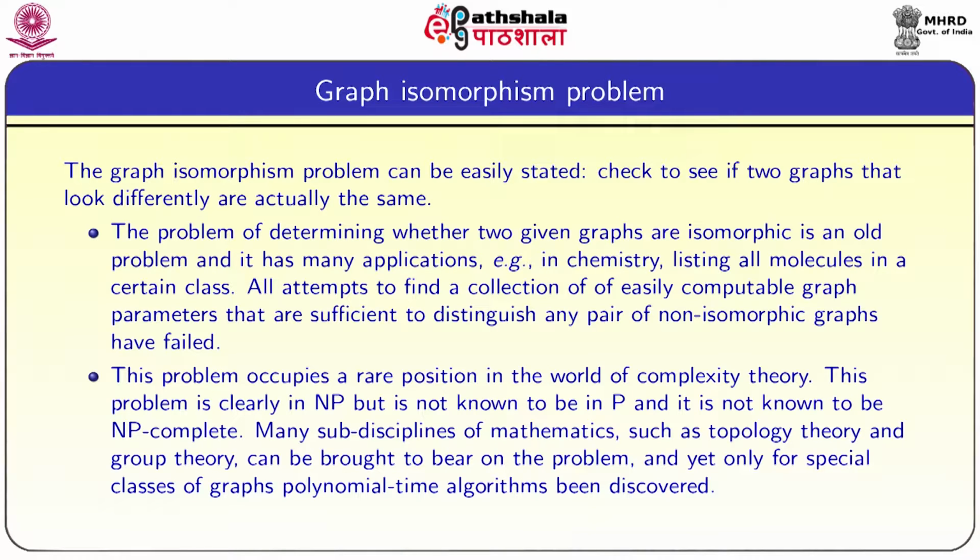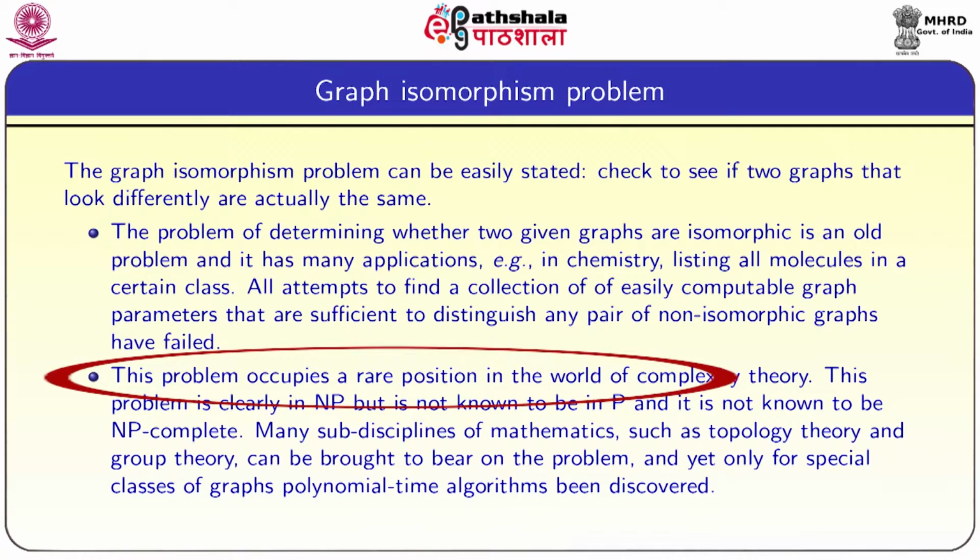Example, in chemistry, listing all molecules in a certain class. All attempts to find a collection of easily computable graph parameters that are sufficient to distinguish any pair of non-isomorphic graphs have failed.